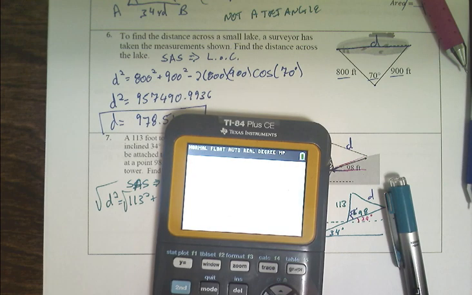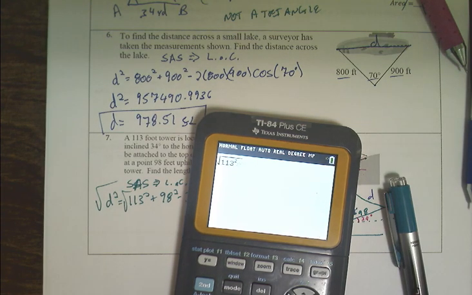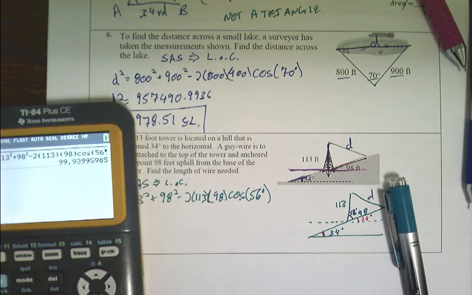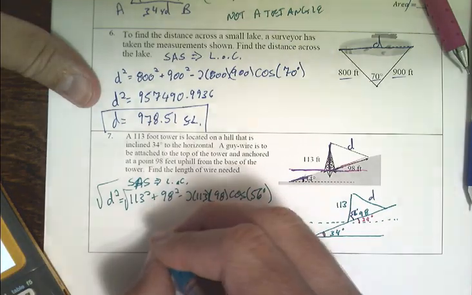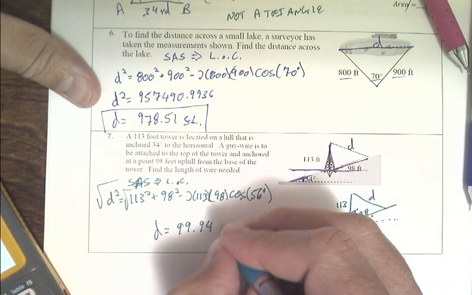And so we do second square root, type it all in at once. 113 squared plus 98 squared minus 2 times 113 and 98 cosine 56. And we get 99.94. 99.94 feet.